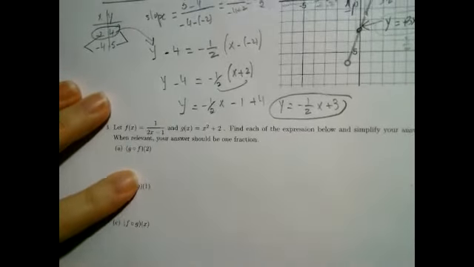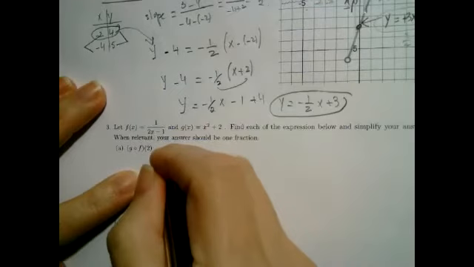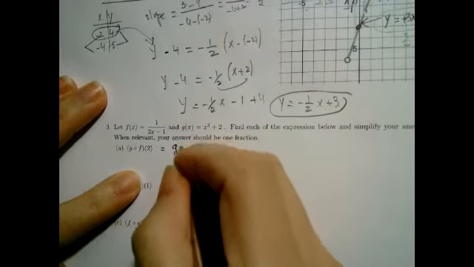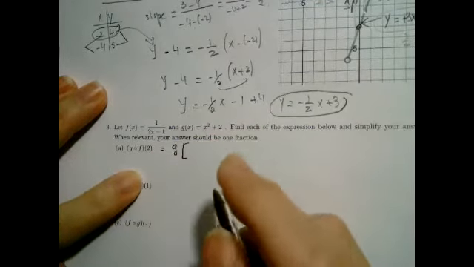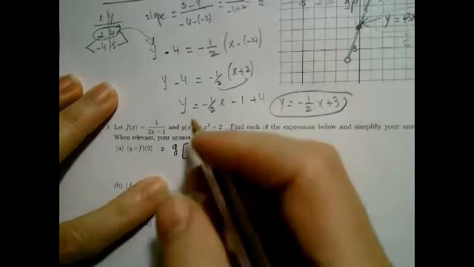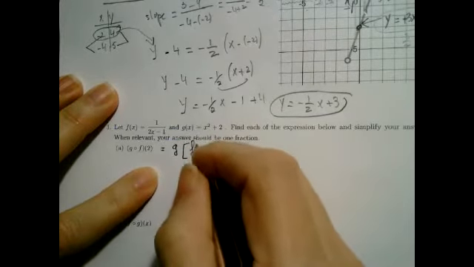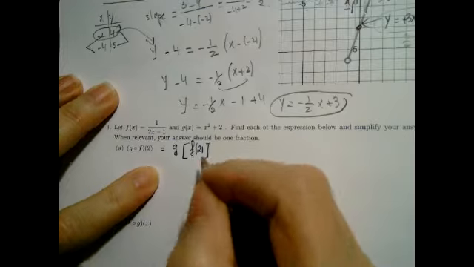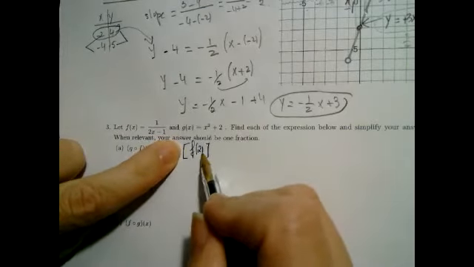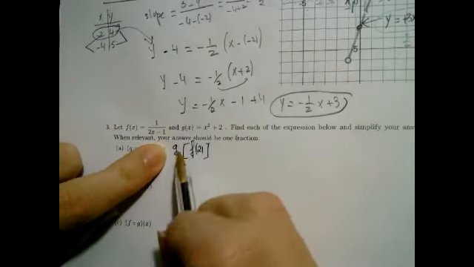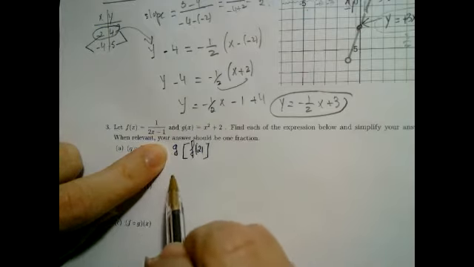What's G composed with F? This is the definition. It means G of, not multiplied. Some students multiplied. It's G of f of 2. It means you evaluate f of 2, you get a number, then you find G of f of 2.